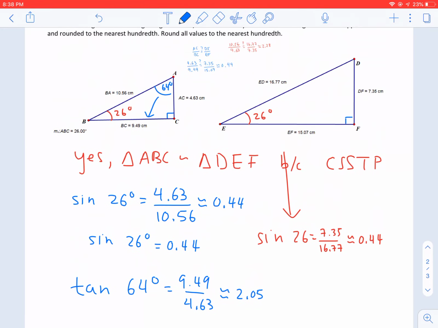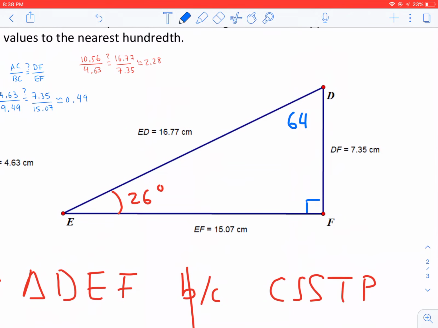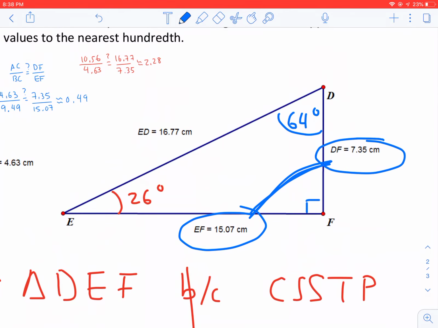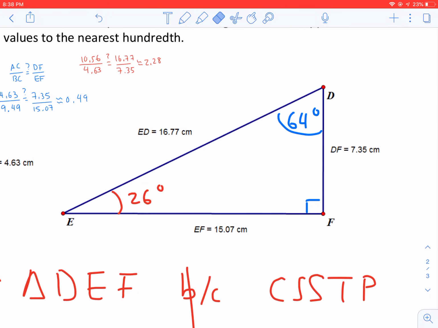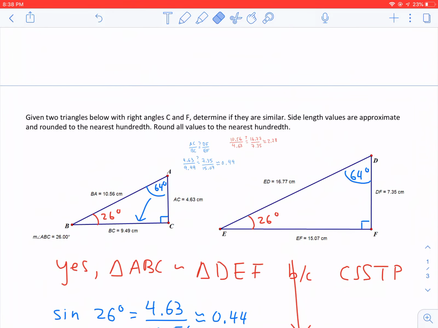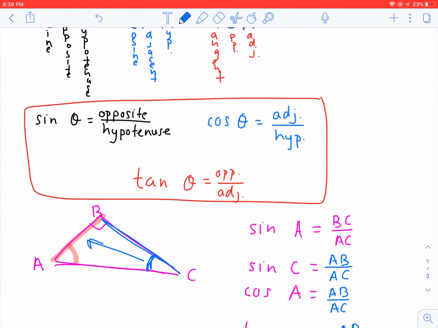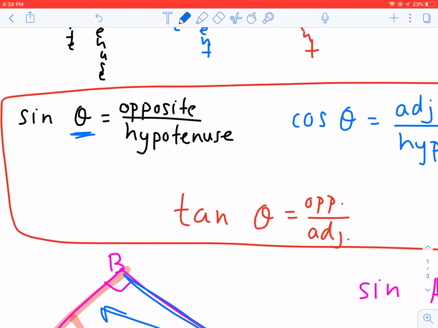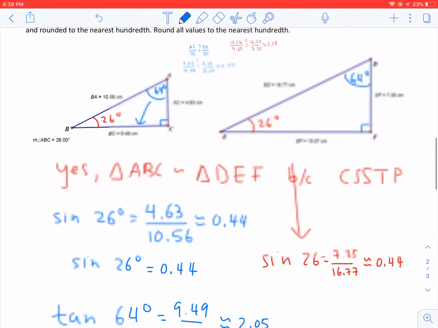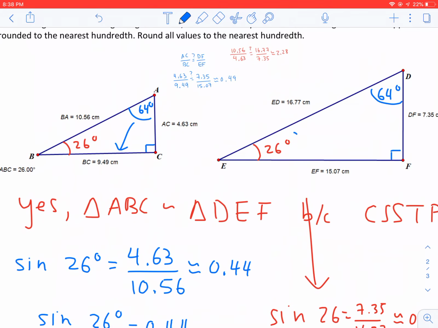Same thing would be true in this bigger triangle. If you took tan of 64 degrees, opposite over adjacent, right, you divide these two guys by each other, you would also get 2.05. All right, so these trig relationships work because as long as the theta in your right triangle is the same, all the sides are going to be in proportion because two of the angles are going to be congruent, that angle theta and the right angle.